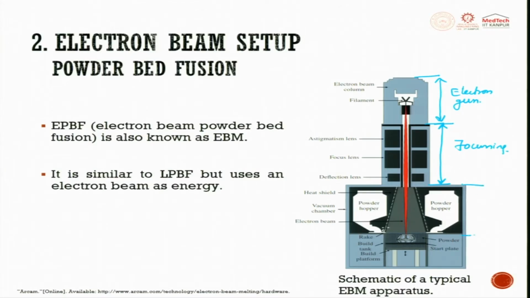This portion continues focusing, this one is predominantly used for powder feeding, and the last one is for processing. It will have 4 stages: electron gun is stage 1, then focusing is 2, then powder feeding is 3, and then powder processing is 4.